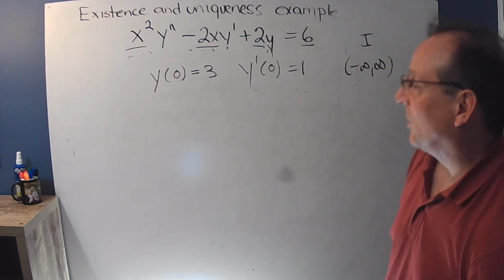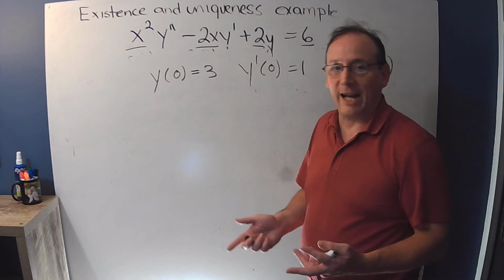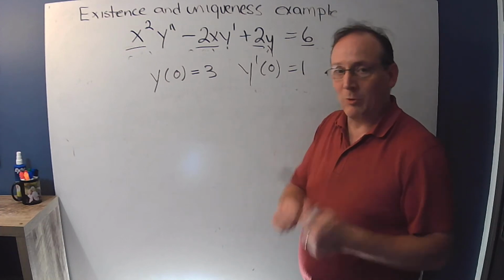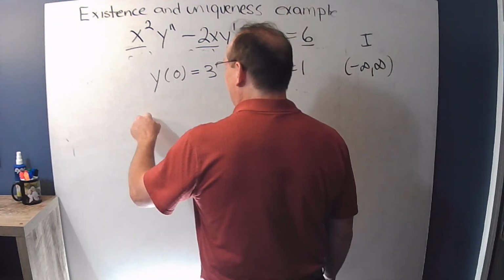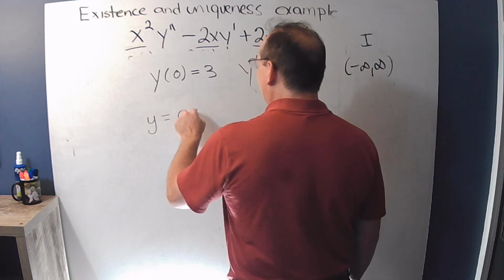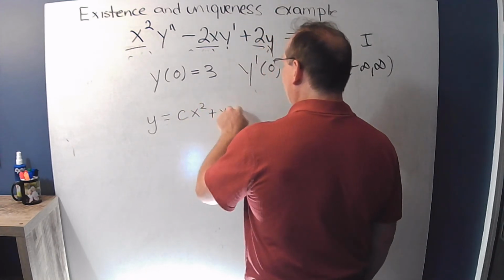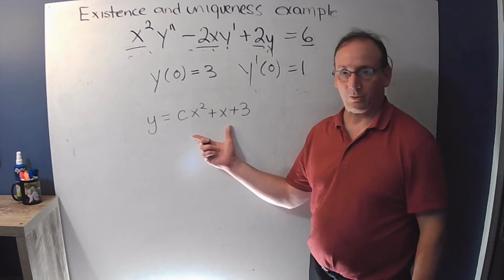Okay. Well, again, I'm going to seemingly grab a solution out of the air, but again, we'll look at how we get these sort of solutions as we go. But I claim that my solution to this is y equals cx squared plus x plus 3. Okay? I claim that this is a solution to this equation.